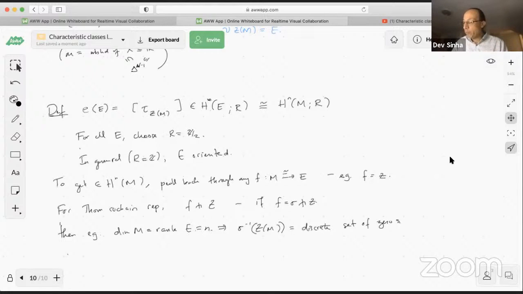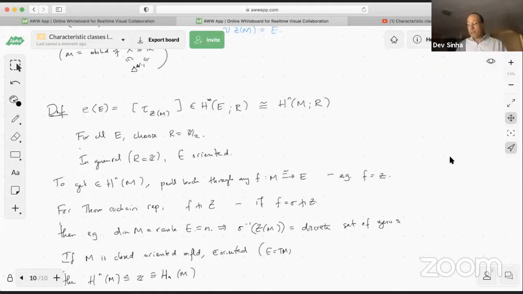Now if M is a closed, say, oriented manifold, and E is also oriented, a key case is E the tangent bundle, then H^N(M) is Z, and the way in Thom cochain language that we talk about it is it's generated by, say, a single point.